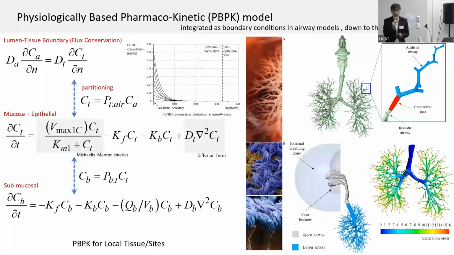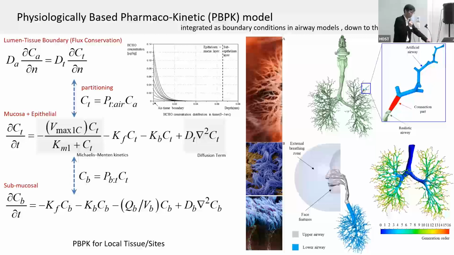In order to analyze the adsorption impact of chemicals in the nasal cavity, a good way of evaluation is to analyze using the physiologically based pharmacokinetic model. By using these very simple governing equations, generally speaking, we can analyze the scalar dispersion and transport in airways and also the tissue dose of chemicals.